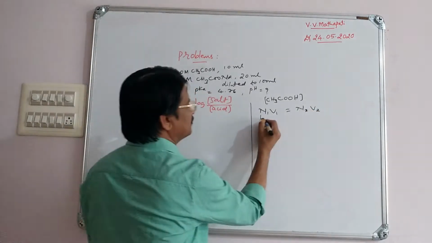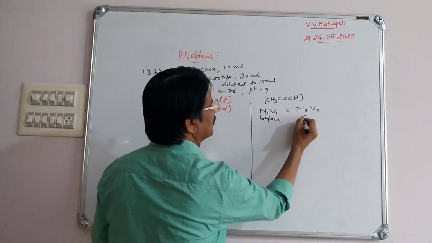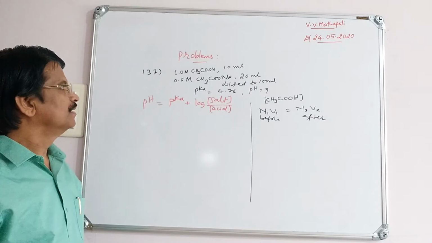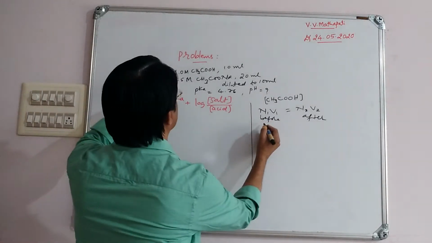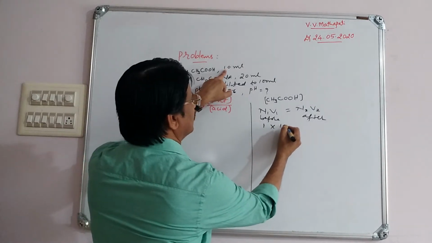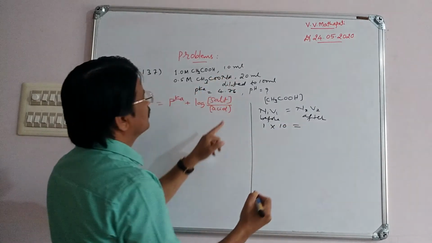Before mixing and after mixing. Before mixing, the normality or molarity is 1, and the volume is 10.